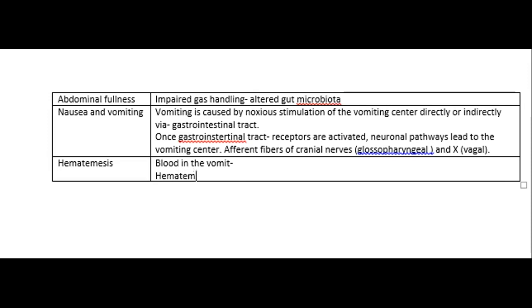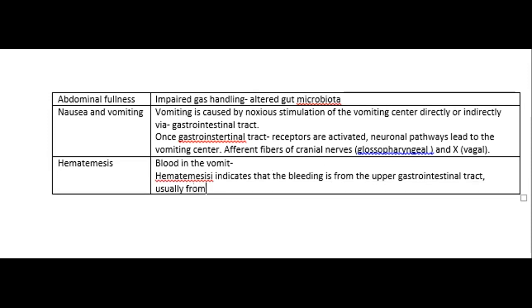Hematemesis indicates that the bleeding is from the upper gastrointestinal tract, usually from the esophagus, stomach, or proximal duodenum.